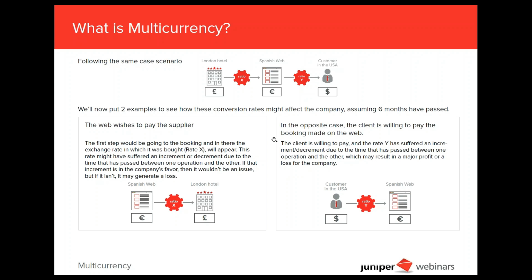The same happens in the opposite case if the client is willing to pay the booking made on the website. The client is willing to pay, and the ratio between their currency and the one that our website has as principal currency might have varied, and this might result in either a major profit or a loss for the company.